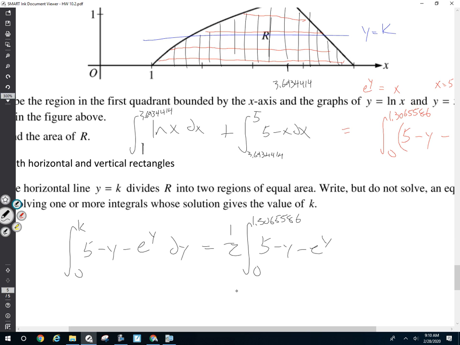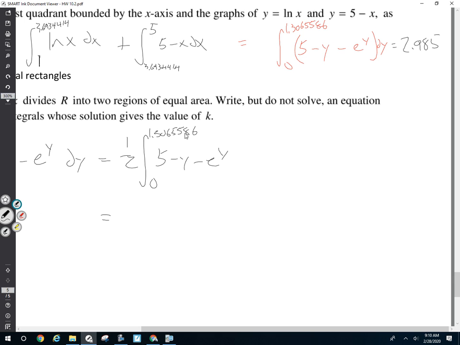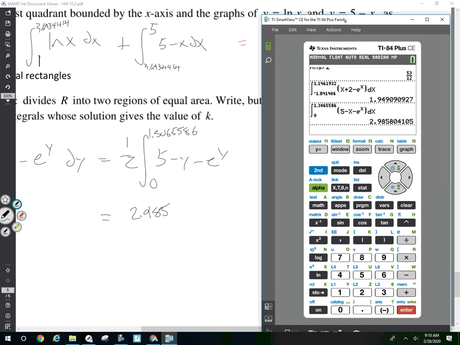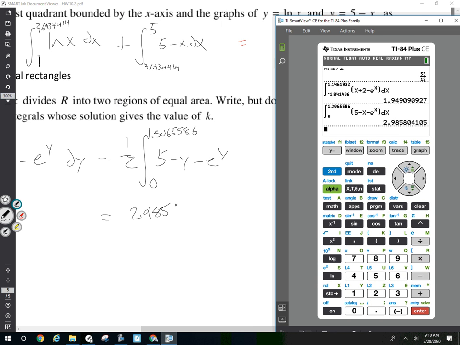This works. You can say that's equal to 2.985. What was the rest of the numbers? 804,105 divided by 2.